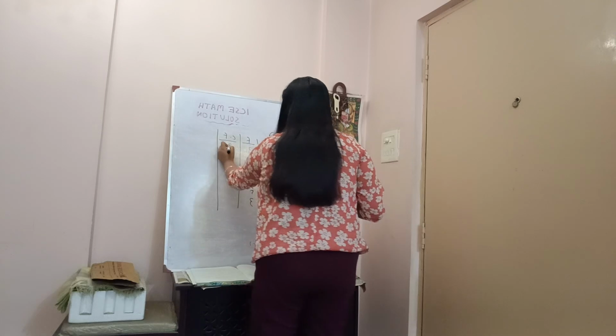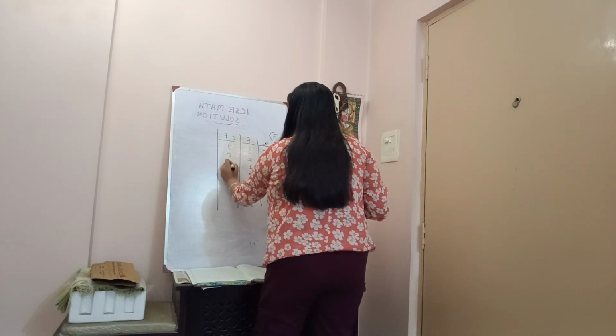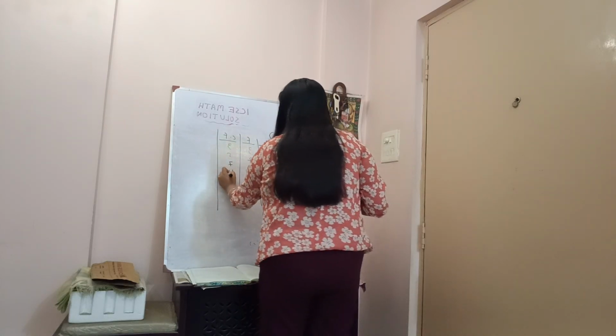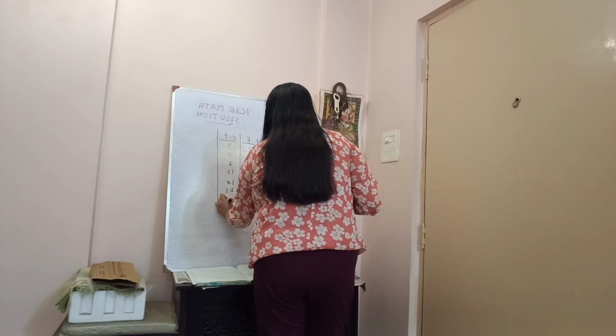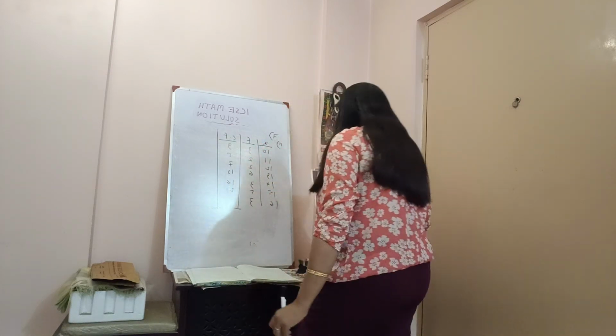Cumulative frequency: 3, 5, 7, 13, 16, 21, 24. So n equals 24.